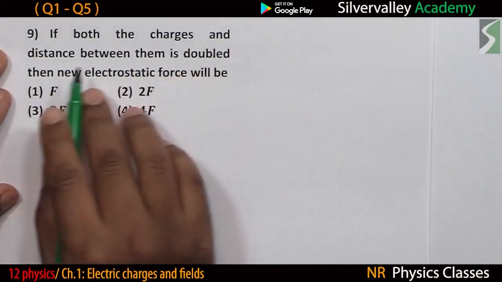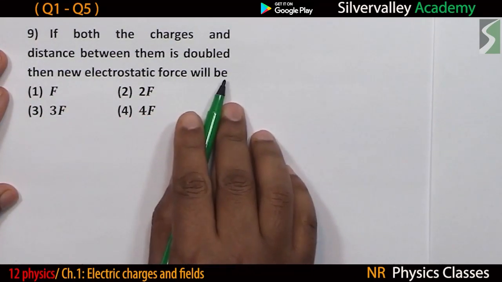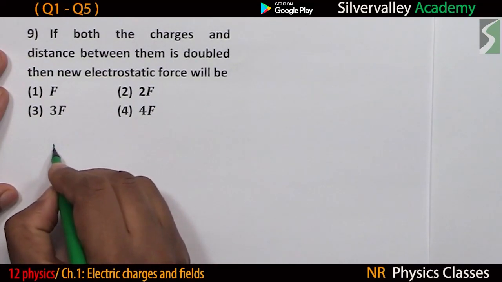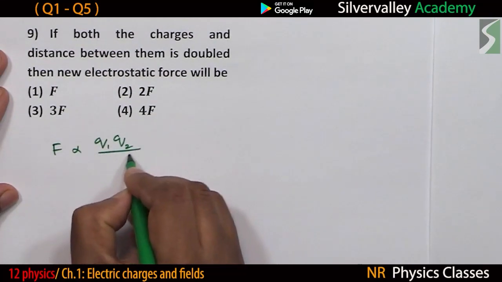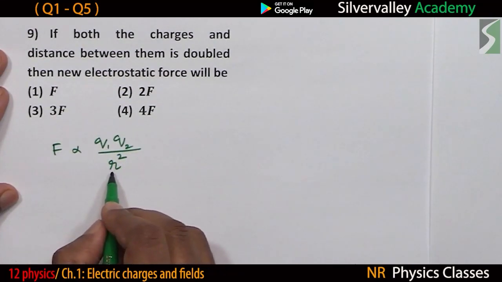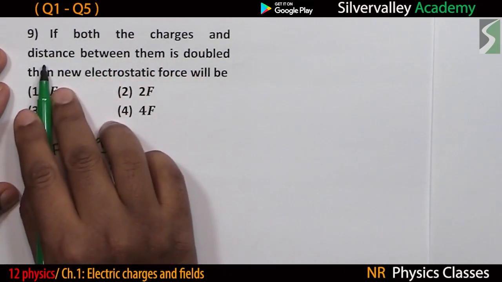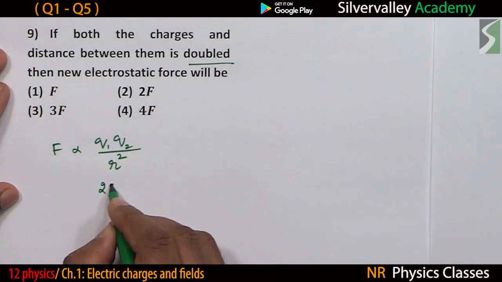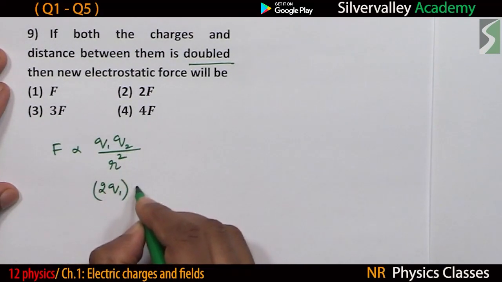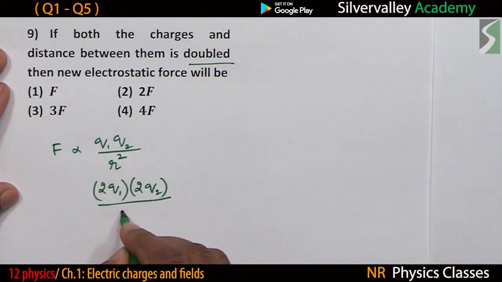If both the charges and the distance between them are doubled, then what will the new electrostatic force be? Force is proportional to the product of the charges and inversely proportional to the square of the distance between them. Both the charges and the distance are doubled: Q1 becomes 2Q1, Q2 becomes 2Q2, and R square becomes 2R whole square.